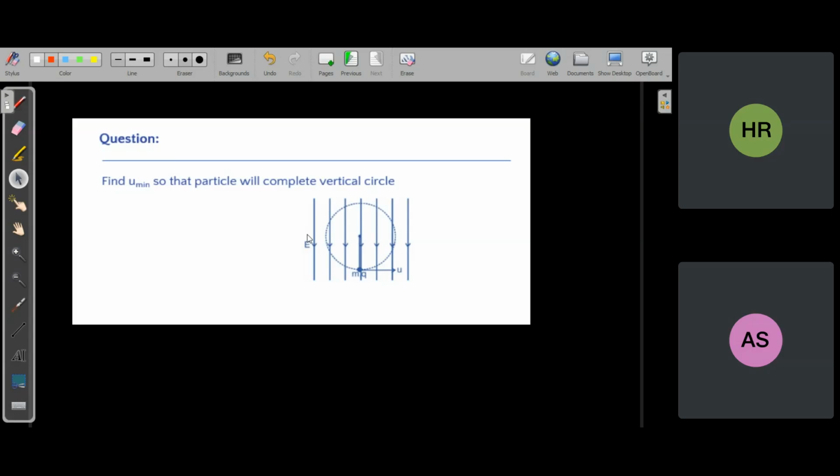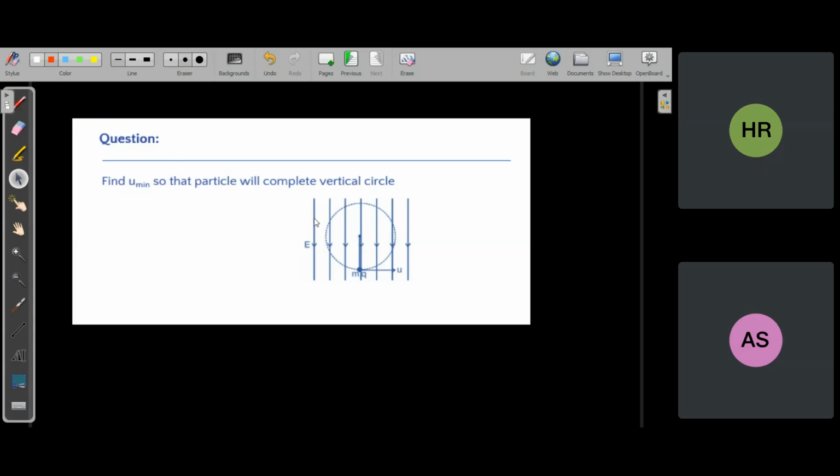The change in electrostatic potential energy is equal to the negative of work done by the electrostatic force, right? Yes, sir. So in addition to the change in gravitational potential energy, there will be change in electrostatic potential energy also. Gravitational force and electrostatic force are both acting in the same direction, right? Yes, sir.